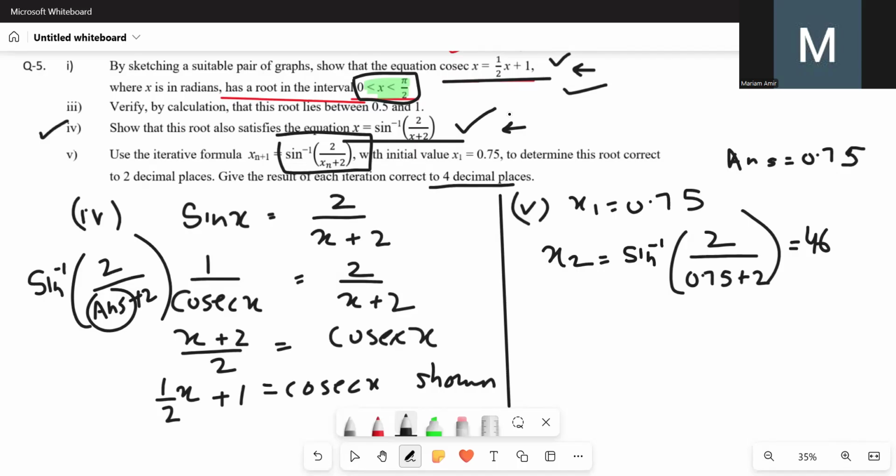Okay, so 0.75 equals, that has stored 0.75 in the answer. Then shift sine, fraction, 2 upon answer plus 2, bracket close. Now it gives me the right value, 0.81434. Need to go till 4 decimal places, so 0.8143.